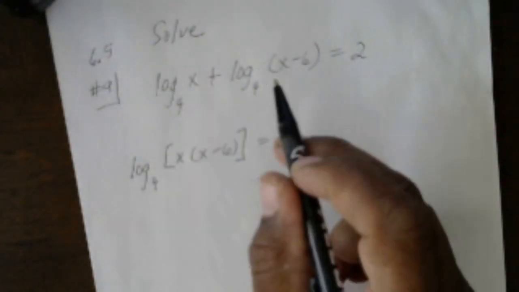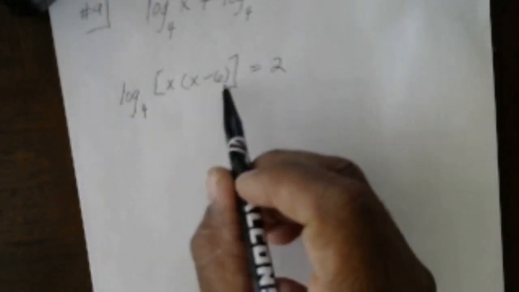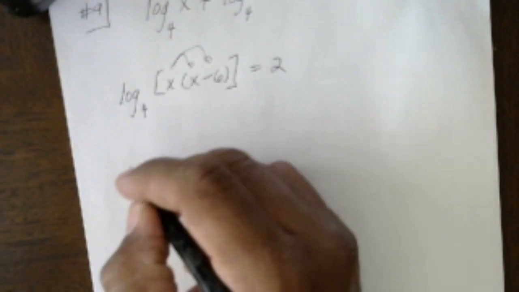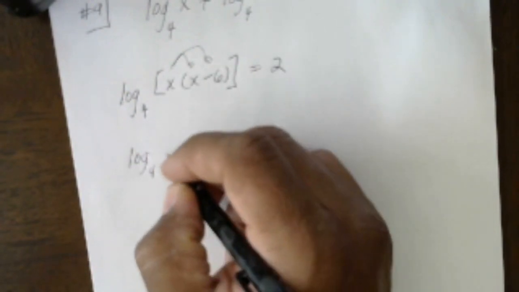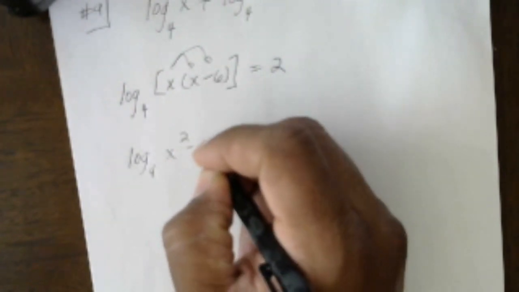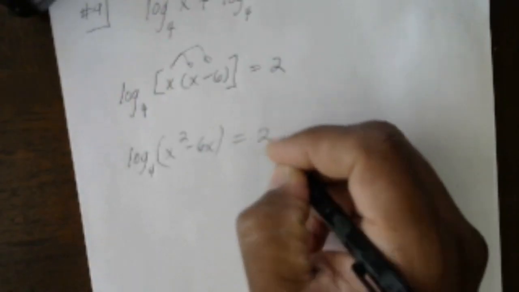All right, so I'm just multiplying my arguments. So now if I actually multiply, I'm going to multiply everything by x. So I have the log base 4 of x squared minus 6x is equal to 2.